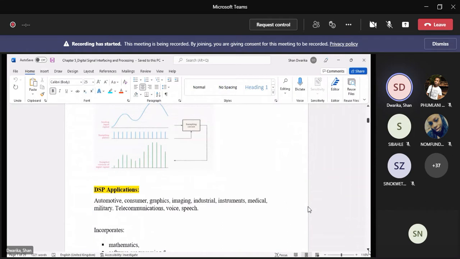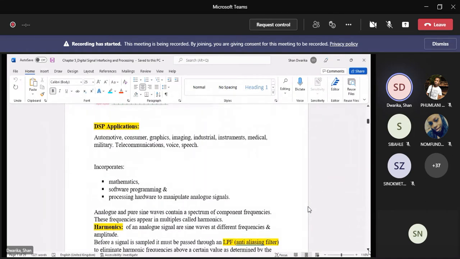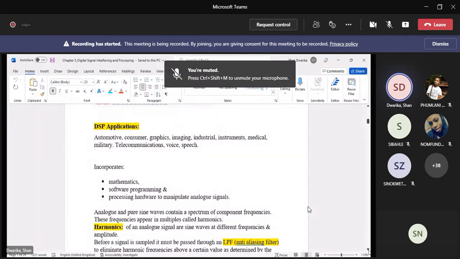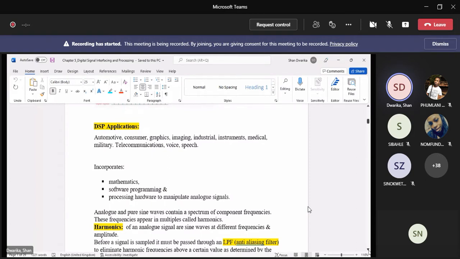We talk about digital signal processing applications. Where do we use such sampling processing? So DSP, you can think about your cell phone. The microchip in your cell phone is a digital signal processor doing multiple tasks at the same time. The other ones are your laptop computer itself.